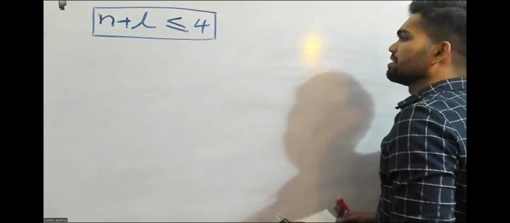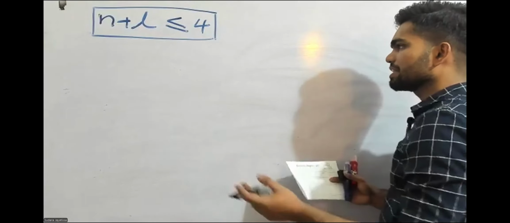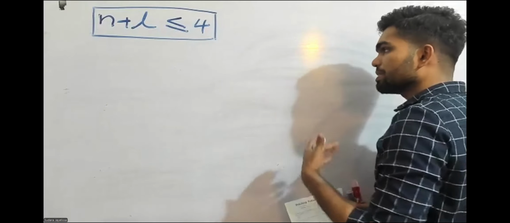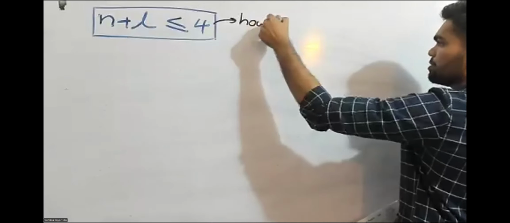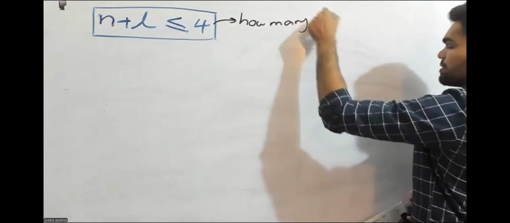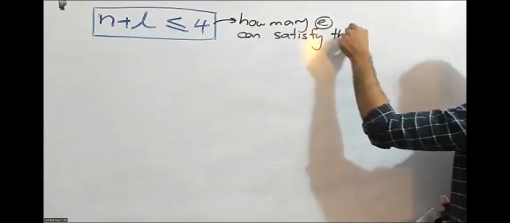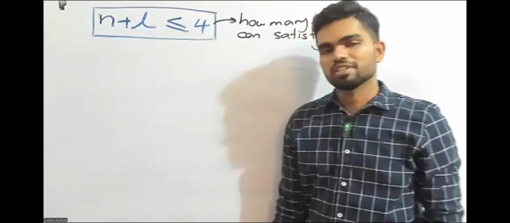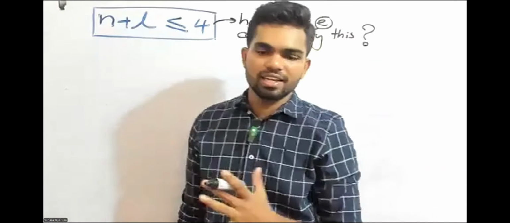So it is n plus L less than or equal to 4, right? First of all, it is asking how many electrons can satisfy this condition. That's what they're asking. To get some idea, we have to put the electronic configuration here.